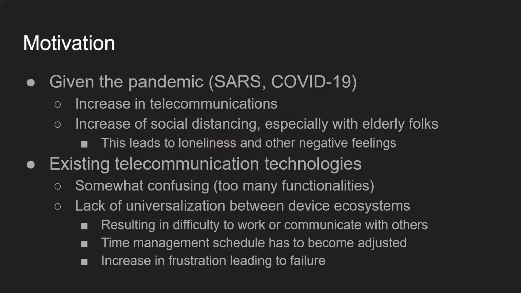Like Apple has FaceTime, and then there's Google Duo, and Samsung has its own version also. So it makes it really difficult to communicate with other people, and learning to adjust your schedule for that, and it leads to a lot of frustration for people that don't know how to use the technology.